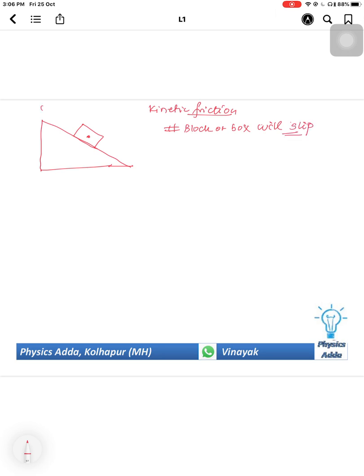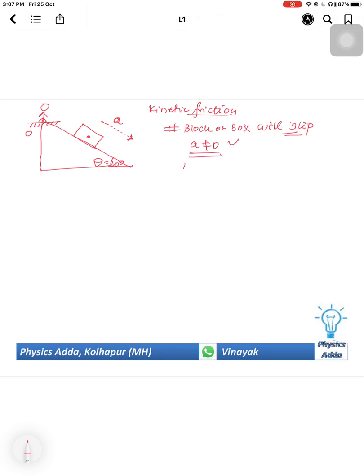So if my observer is standing here at point O, we will find that the block is slipping downwards, because the angle of inclination theta is equal to 30 degrees. It will slip downwards with acceleration a. So here a is non-zero. That you have to remember.